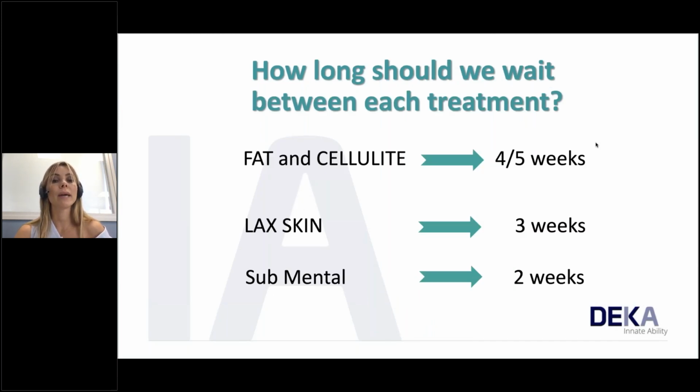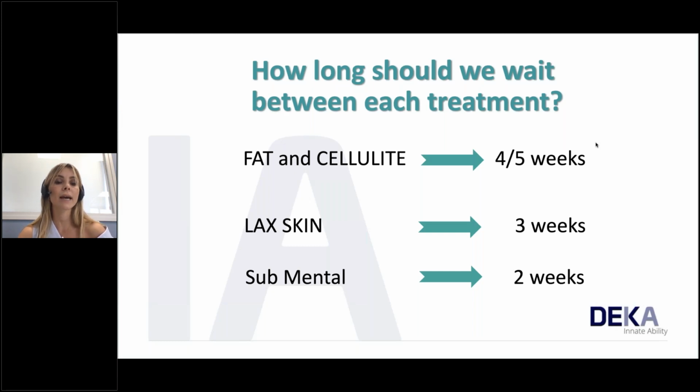How long should we wait between each treatment? This is a very important point, because in order not to stress our lymphatic system too much, it's important not to reschedule our treatment before 4 weeks. This is when we have to treat fat and cellulite, in which we use very, very strong parameters. So normally, the treatment will be rescheduled after 5 weeks.